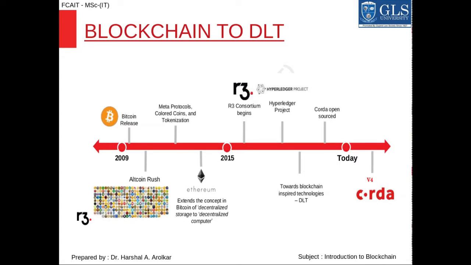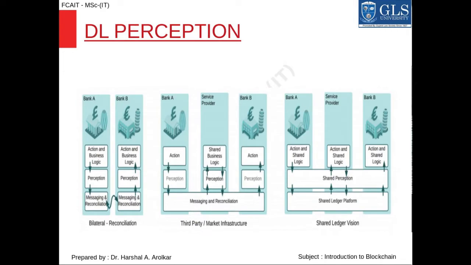Today, around 2020, we have the fourth version of Corda, and a lot of activity on Corda is happening in the financial sector. Before we look into R3 Corda in detail, let us have a look into a shared ledger vision.